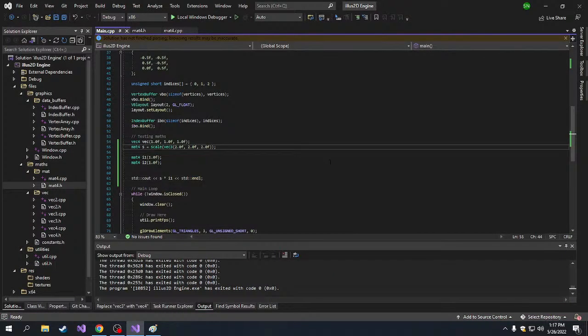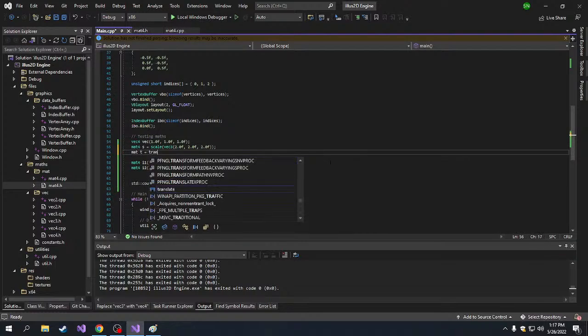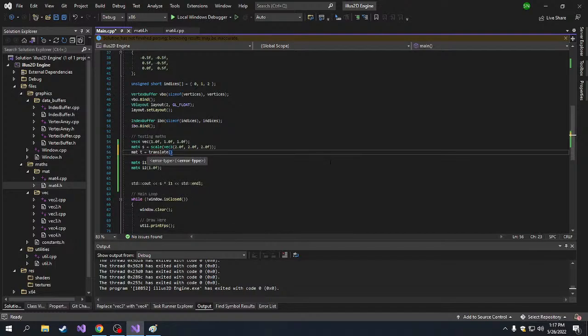And if I wanted to do something else, I'll probably make a translation matrix. I'll translate to something like mat4 translate vec3, one in the x, one in the y, one in the z.